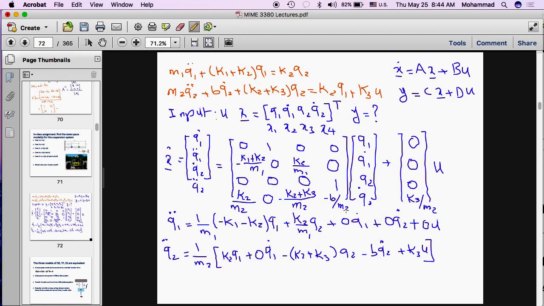We found A, we found B. The next matrix we need to find is the easiest of all, because the only thing we need to decide is what is the output, and then immediately we'll have matrix C.